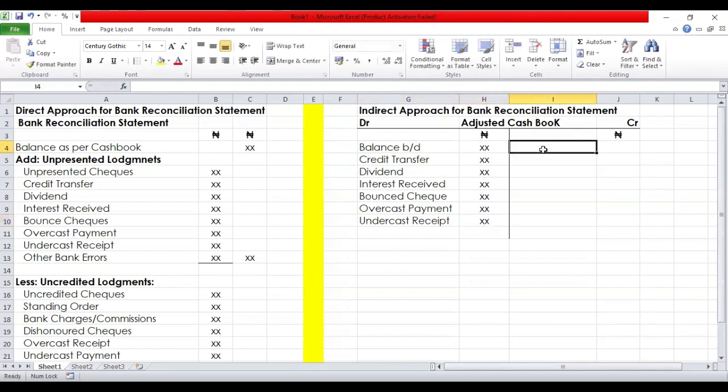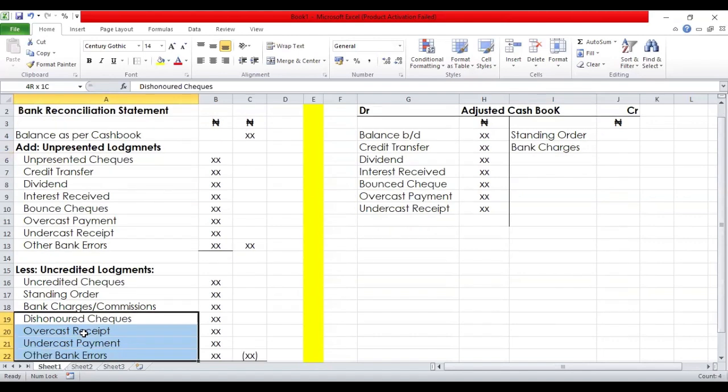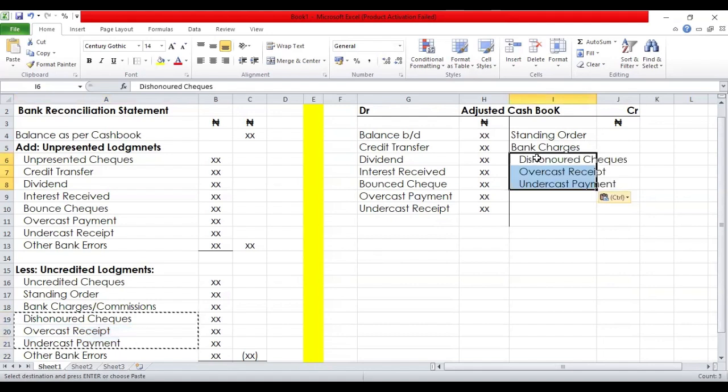At this side, we have standing order, we have bank charges, all this.